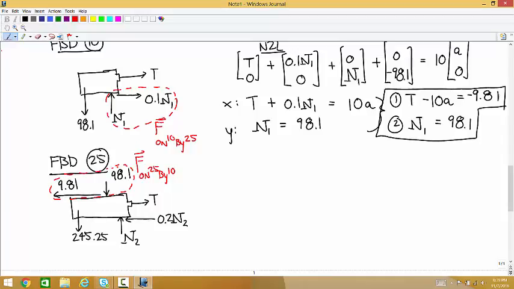So you reverse it on the top one, you reverse it on the bottom one as well? I didn't reverse it on the top one. This is what it is on the top one. For the first one we're talking about the force on the top by the bottom. Now when we go to the bottom one, we're talking about the force on the bottom one by the top.